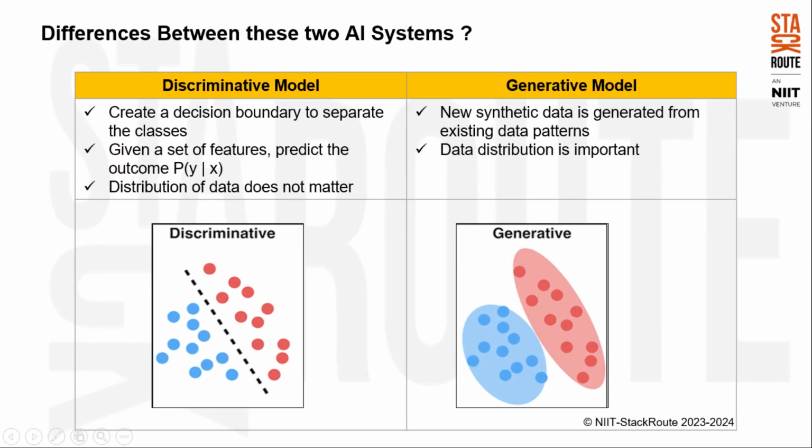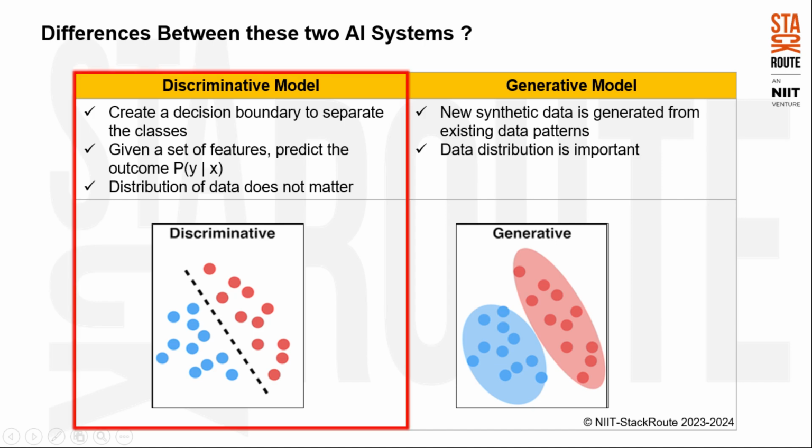Now the question is, is there any difference between these two AI systems, system 1 and system 2? So yes, there is a distinct difference between these two systems. Now this is system 1, which is a discriminative system. So what this AI system does is predictions.